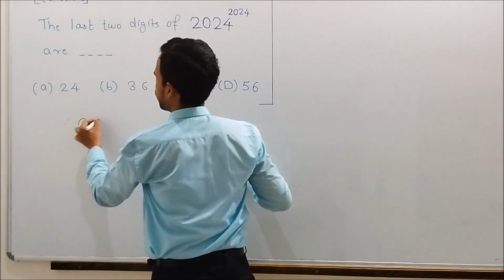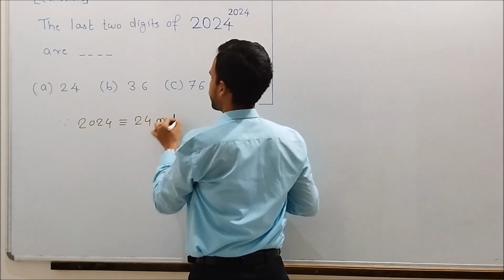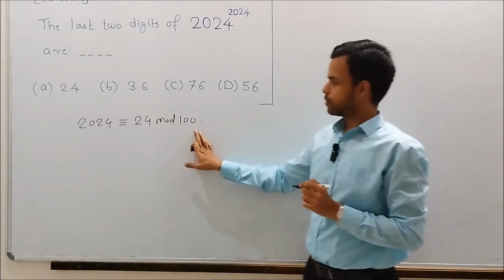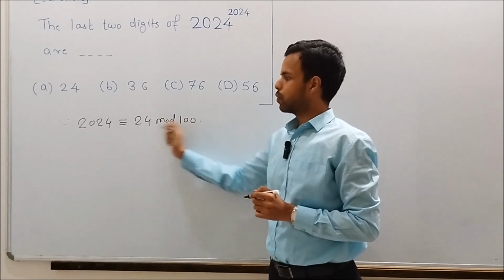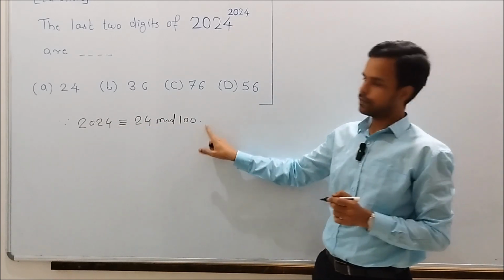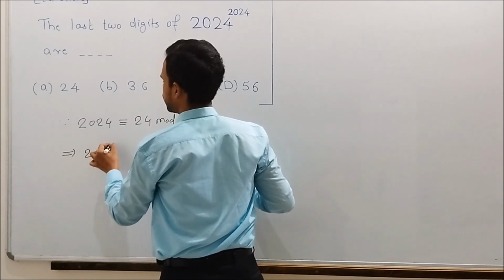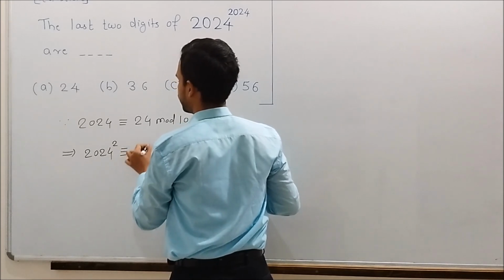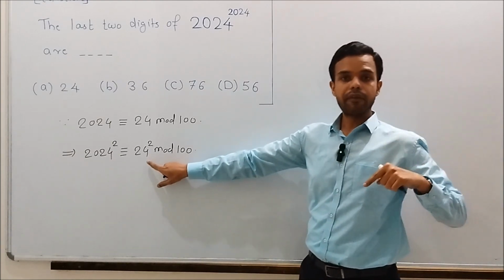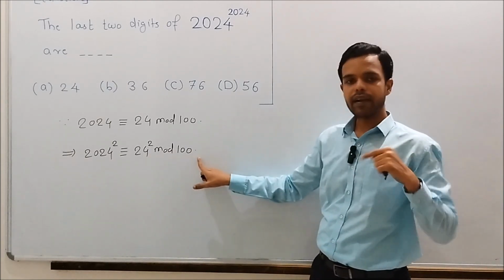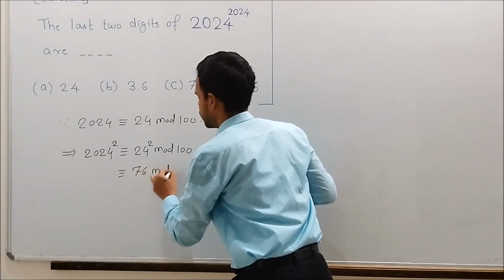Since 2024 is congruent to 24 mod 100, since 100 divides 2024 minus 24, that implies 2024 squared is congruent to 24 squared mod 100, and 24 squared is nothing but 576, and we know that 576 modulo 100 is nothing but 76 modulo 100.